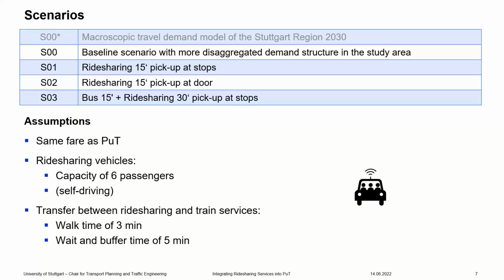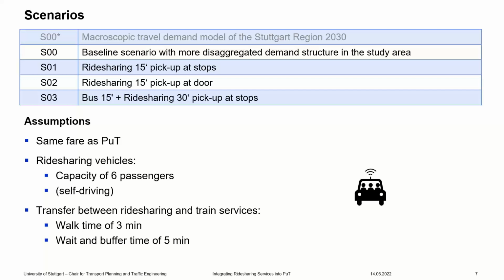This is because we wanted to be able to better model the pooling of the ride-sharing trips. And in contrast to this baseline scenario, we have our 3 ride-sharing scenarios.